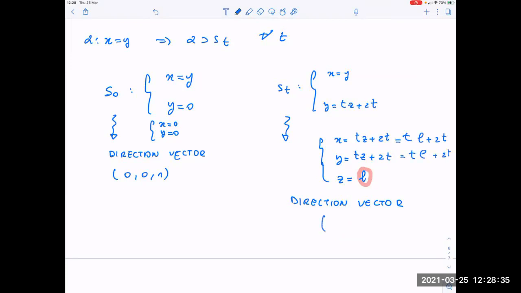So it is t, t, 1, sorry, t, t, 1. So you see, it's not true that these are proportional for all t. So it's not true that the lines are parallel for all t. What is true is that they always intersect, okay?